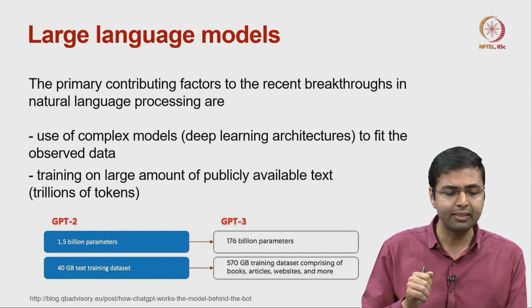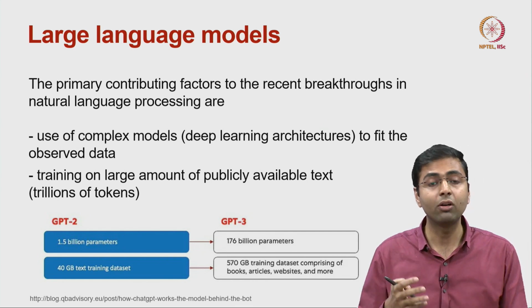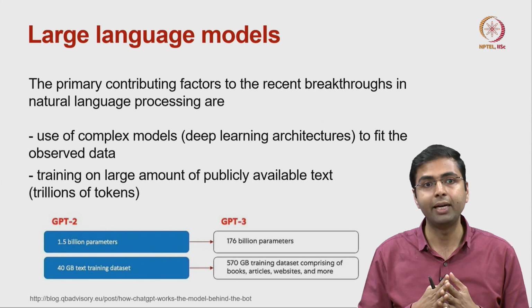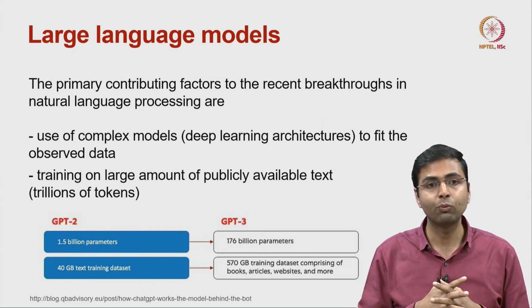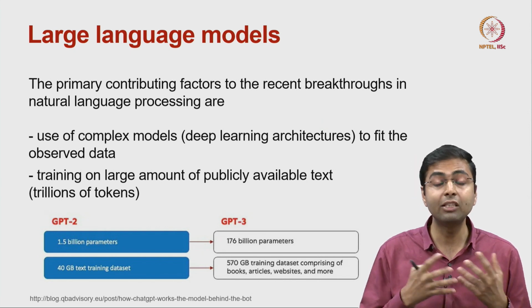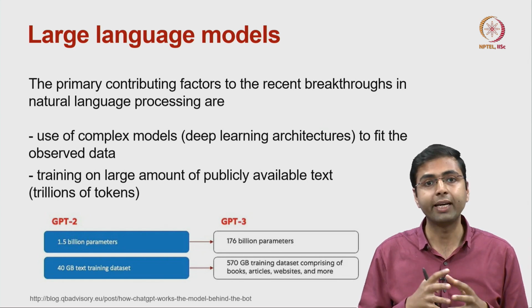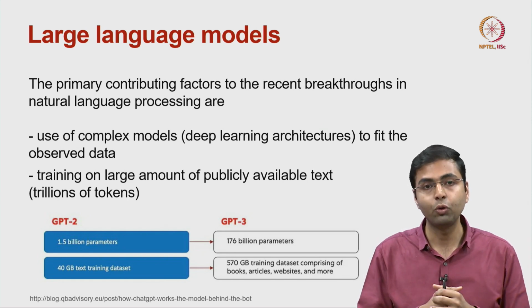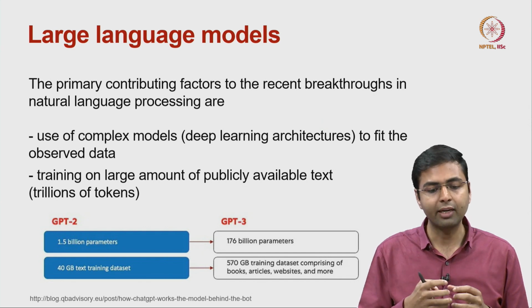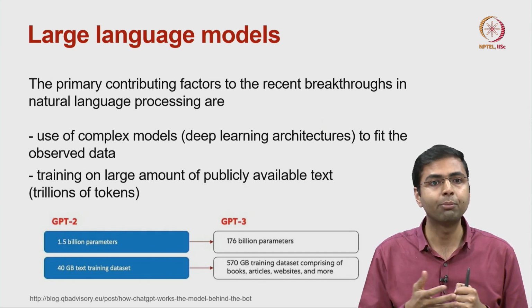And second is that these models are trained on a large amount of publicly available data. For example, the latest versions of GPT models are trained on trillions of tokens. Given the vast amount of data and the state of the art neural architectures, they are able to generalize well to a large number of natural language processing applications.